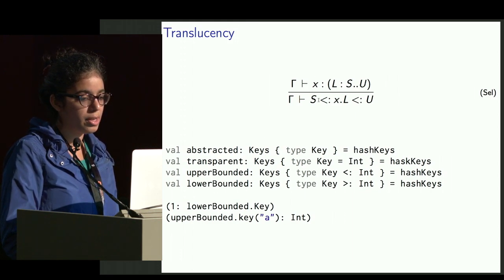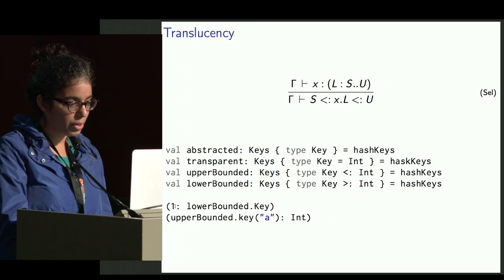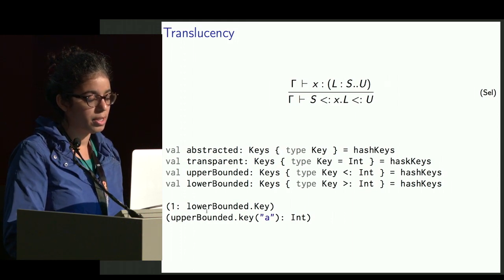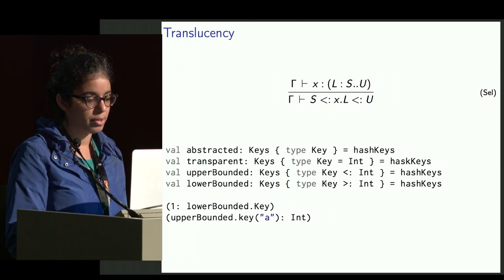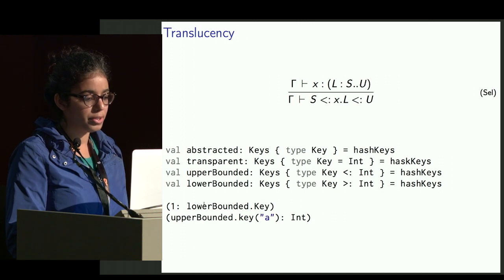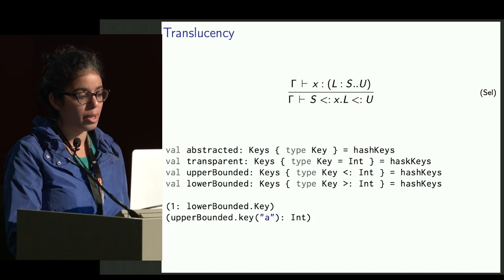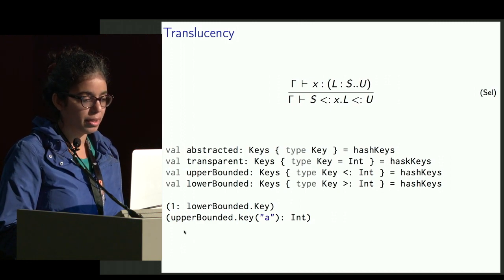And just following this rule, I can then know that one can be viewed as a LowerBounded.key because one is an Int, and Int is a subtype of LowerBounded.key because we have this part here. So you can think of this Int as being this S. And vice versa for upper bounded, it goes the other way around. And here, if I inverted lower bounded and upper bounded, then this wouldn't type check.